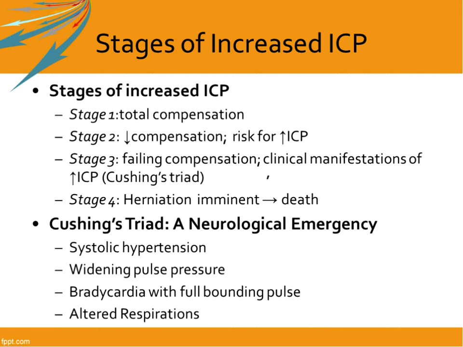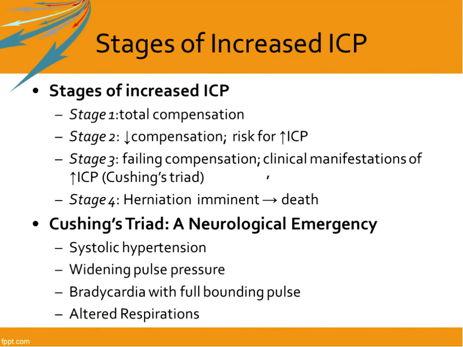Remember, we talked about herniation is whenever that brain tissue extends down through the foramen magnum. And then soon after that, you're going to see the cessation of brainstem activity, which is in turn going to result in respiratory and cardiac arrest.